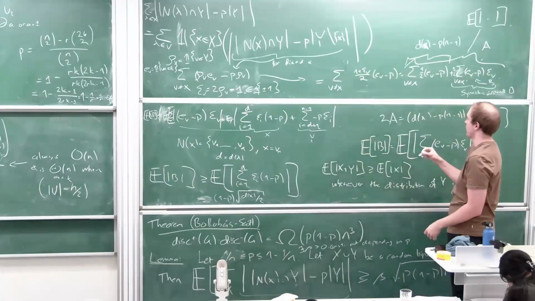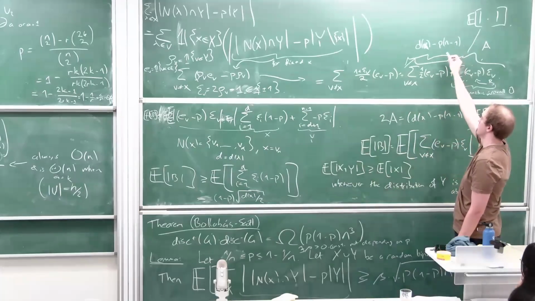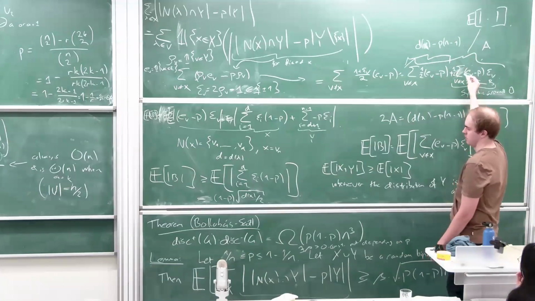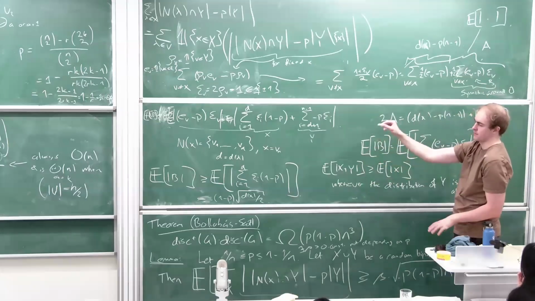So what we concluded is that the first term is the degree deviation. The second term is bounded below by something that's roughly root D.